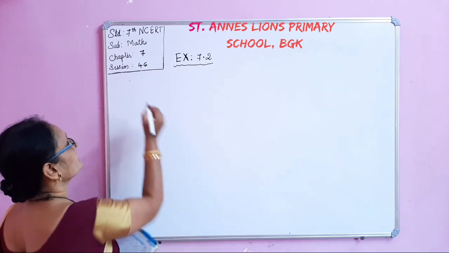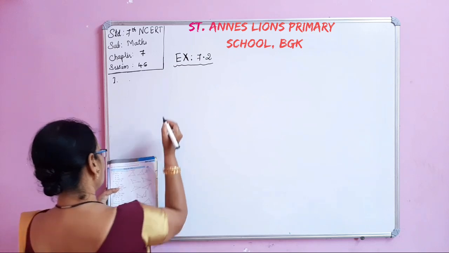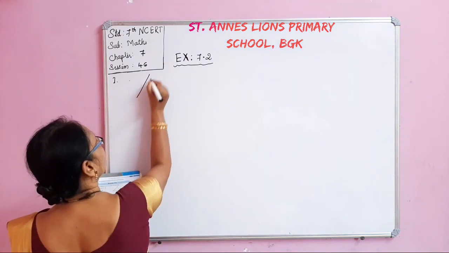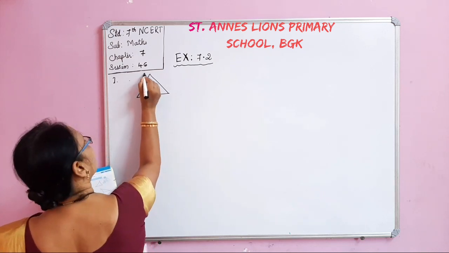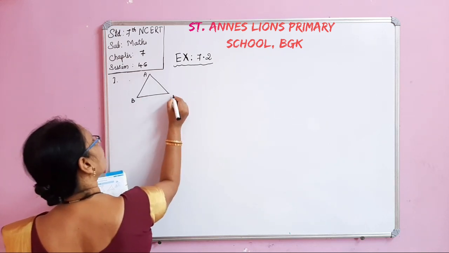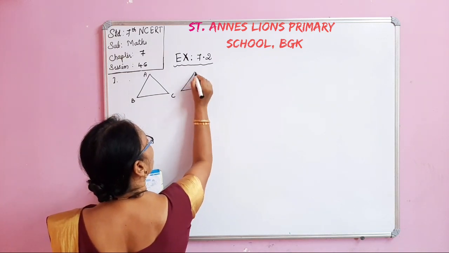Some conditions are given here. Two triangles are there. Which are the two triangles? They are ABC and DEF.